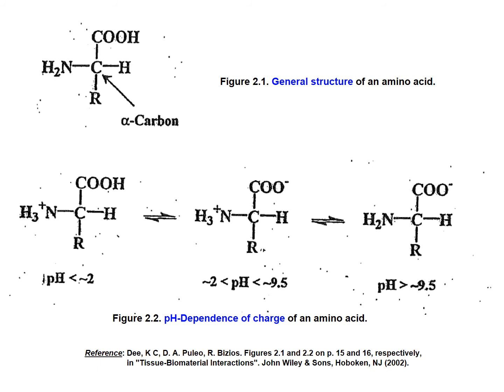In figure 2.2 on this particular slide, you see an important aspect, namely that depending on the environment, specifically the pH of the environment in which an amino acid finds itself, it can have a different charge, from positive to negative.